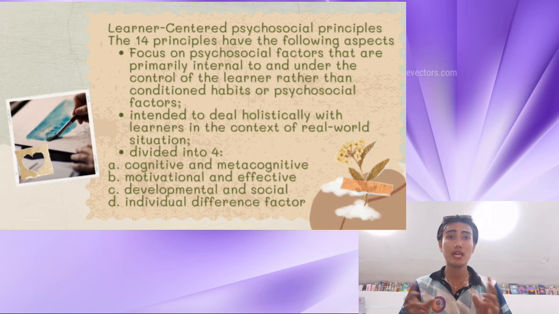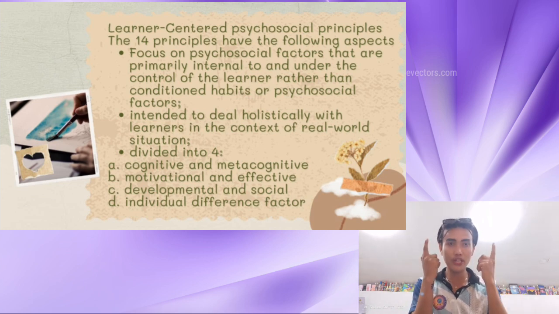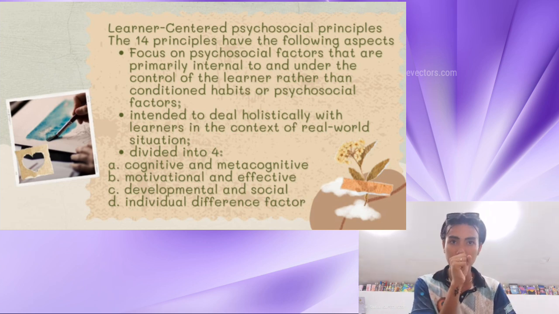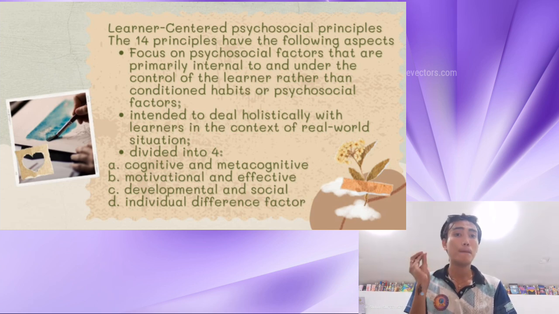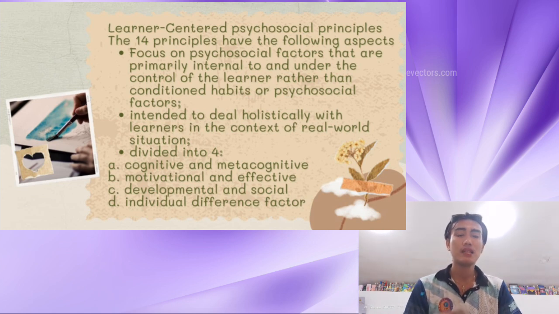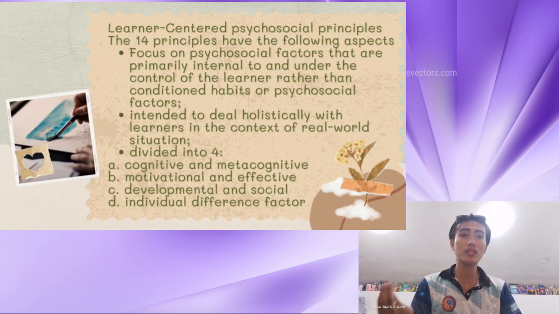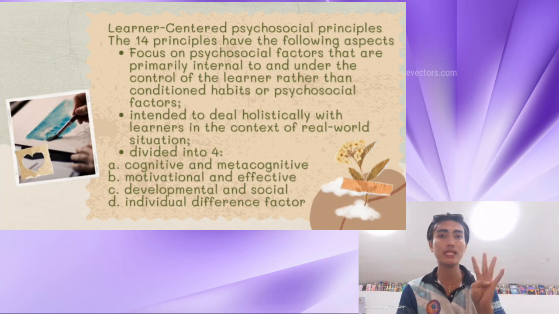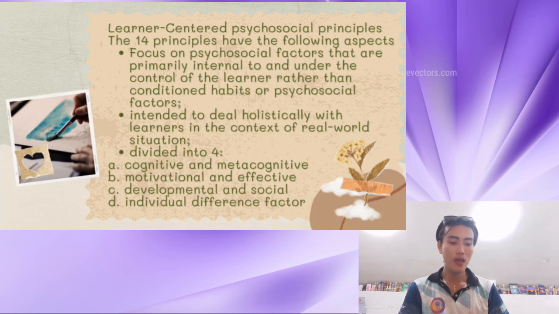The first is the cognitive and metacognitive. When we hear the word cognitive, it's our minds. Next is letter B, motivational and affective. Letter C, developmental and social. And lastly, the individual differences factors. So those are the four divisions of the learner-centered principles.